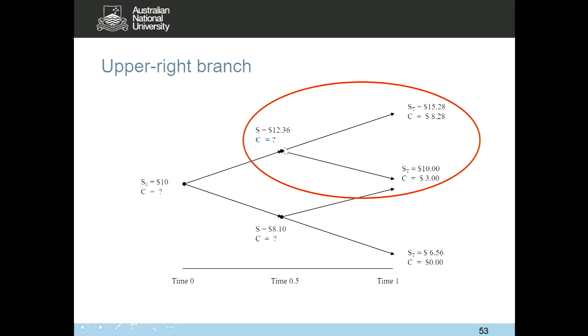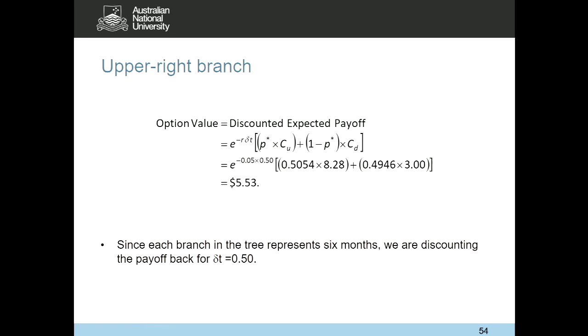Because we are using the risk-neutral probability here, we are stepping into this risk-neutral world, we can discount the expected payoff by using the risk-free rate, right? And we know what the risk-free rate is. Risk-free rate is simply 5%. And we only discount back one step. One step is 6 months. So that's minus 5% times 0.5. So that represents us using the 5% risk-free rate, discounting back 6 months.